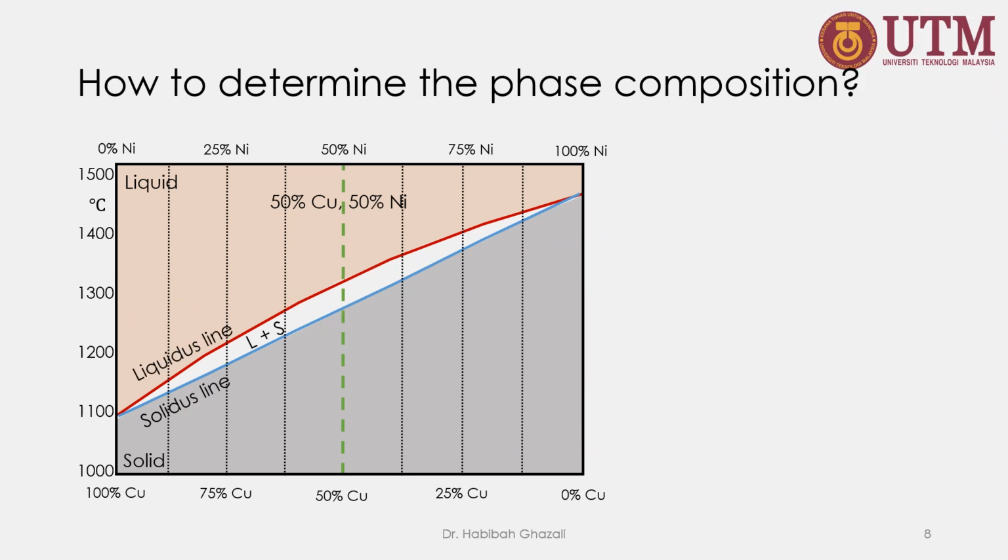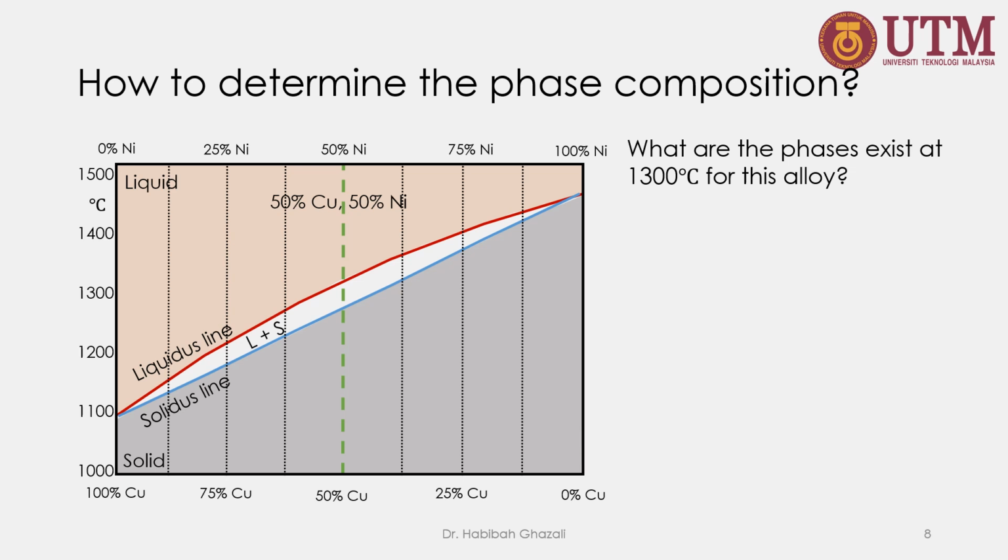So using the phase diagram, we can also determine the phase composition. Let's say we have 50% copper and 50% nickel in our alloy. So we're using the same alloy. We want to know at 1300 degrees Celsius, what are the phases that exist for this alloy.